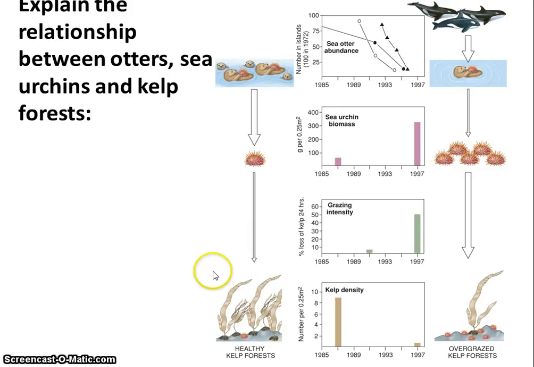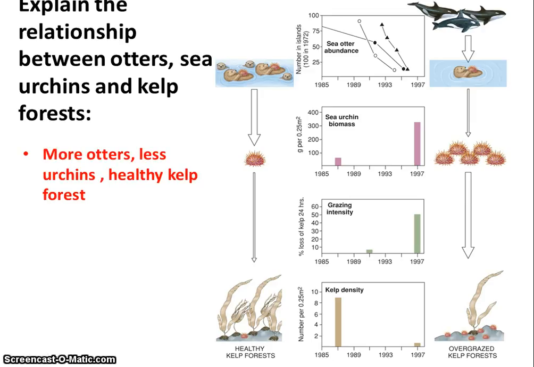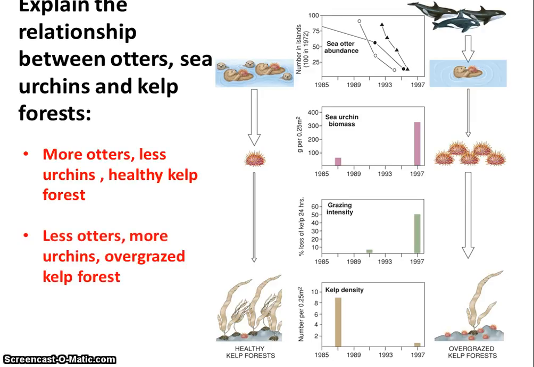Lots of otters means a healthy kelp forest, a healthy hard-bottom continental shelf community. Few otters means a very poor kelp forest, a very unhealthy hard-bottom continental shelf community. Just by looking at how many otters there are, you can determine the overall health of this ecosystem.